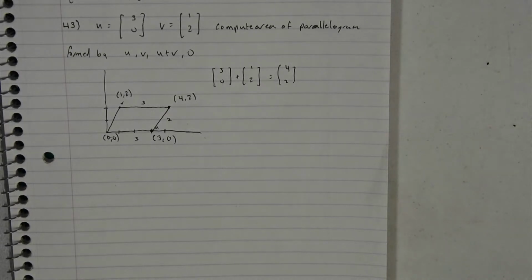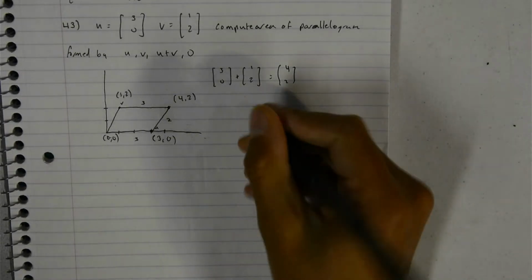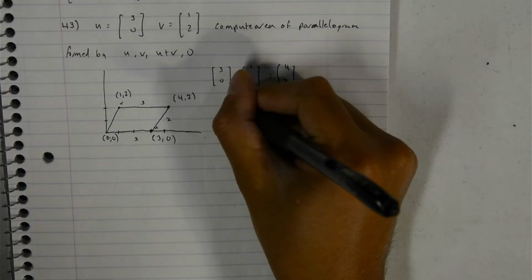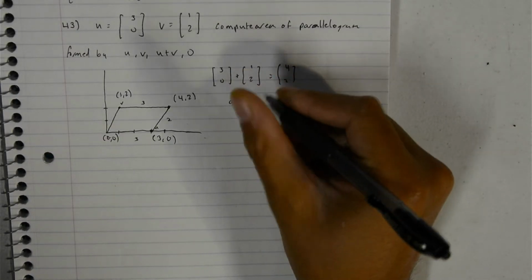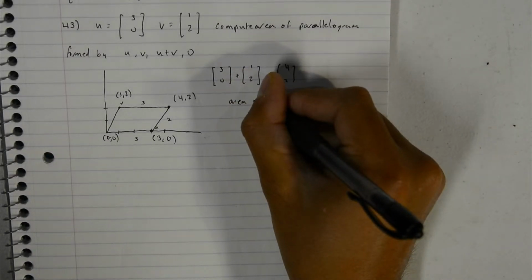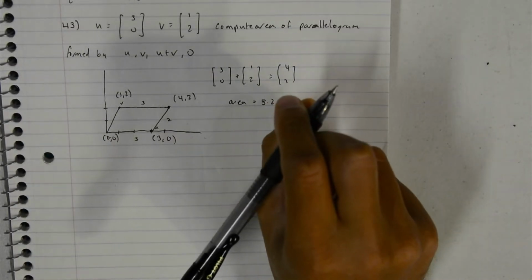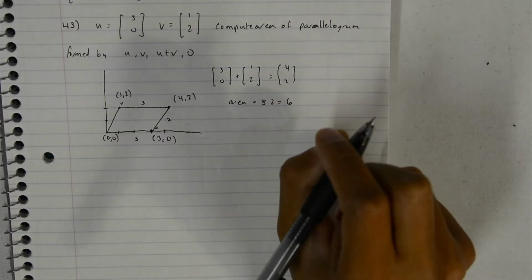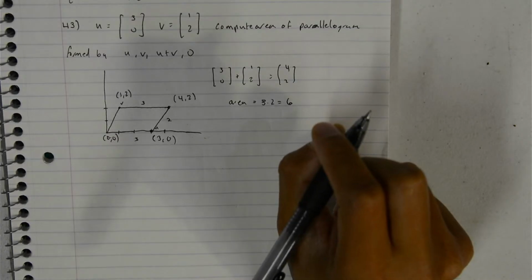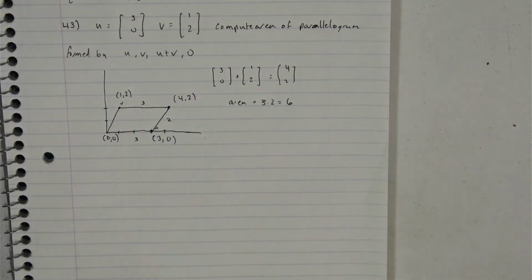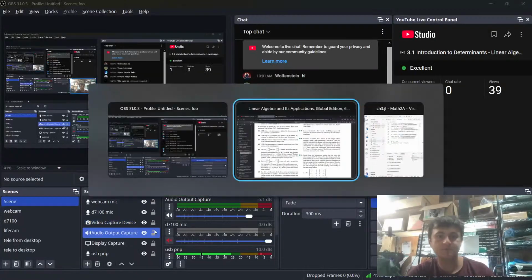So that's how you draw the parallelogram. So then the area is equal to, I think it's just 3 times 2, which is equal to 6. Okay, that's problem 43. All right, let's go back to finishing reading the problems, though.